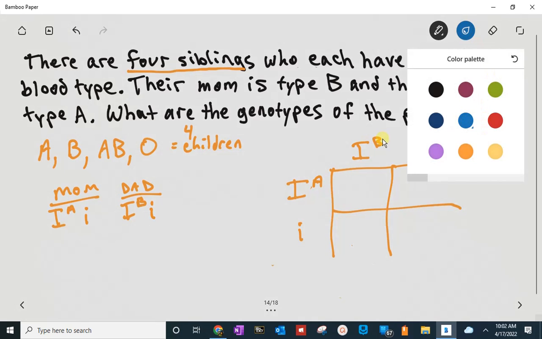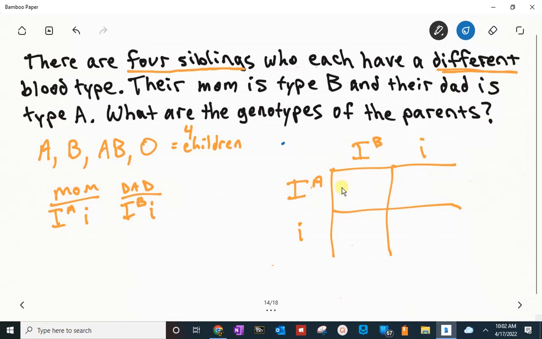If we combine these two, for mom we're going to have a dominant A going all the way across, and down here a lowercase i going all the way across. And then for dad, we're going to have a dominant B going down, and for the other one, a lowercase i going down.